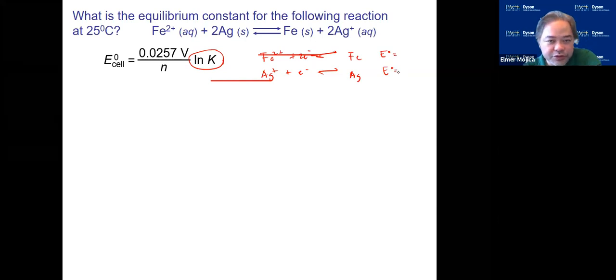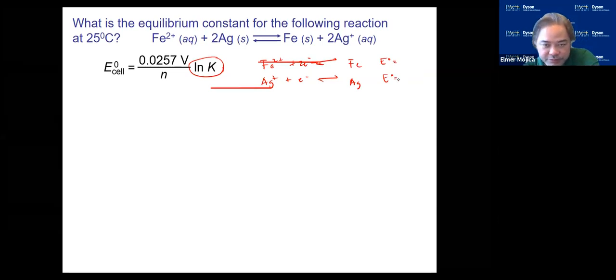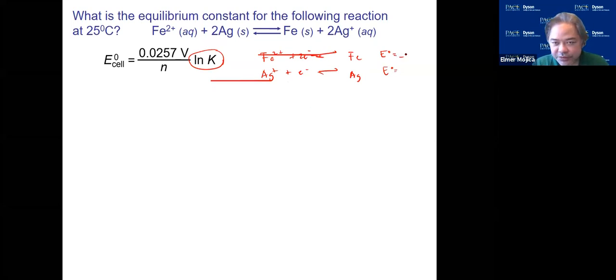We're going to need a table. So Fe2+, let me look at my table here. That's negative 0.45. Silver, where is silver? 0.80. So this is negative 0.45 and this is 0.80.